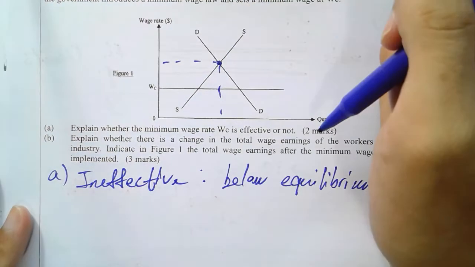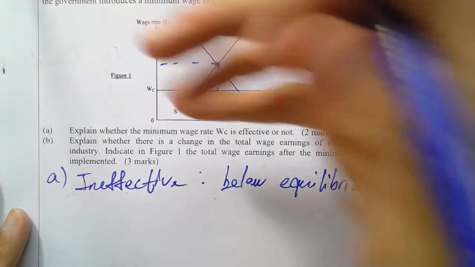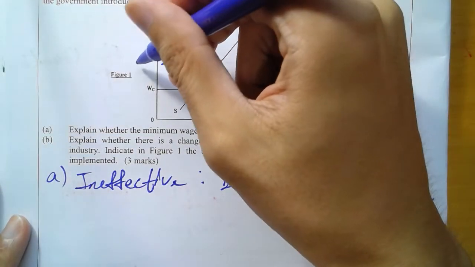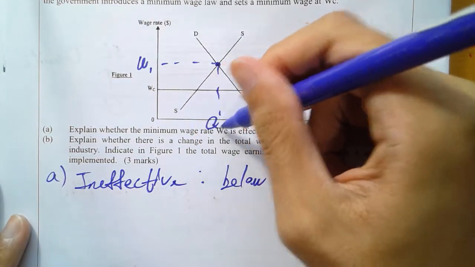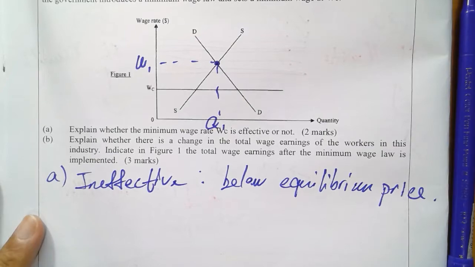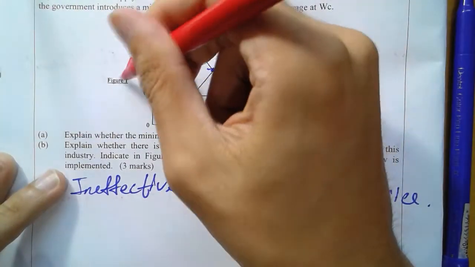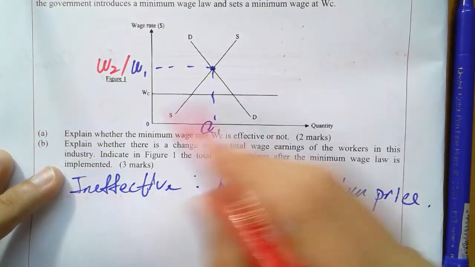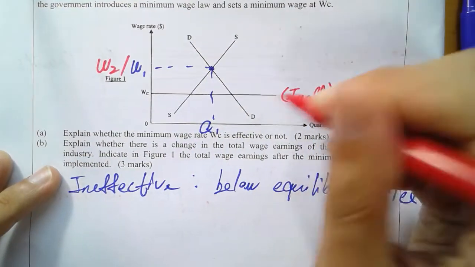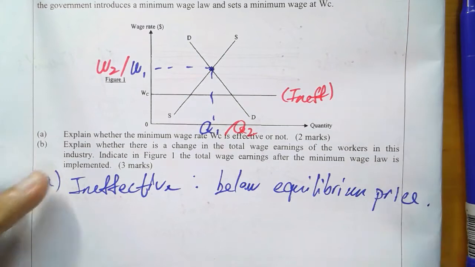Since this is ineffective, no. Let's forget about WC. Without WC, original situation will be here. Wage 1, Q1. Now with WC, where would be the new price and new quantity? Actually, remains the same because this is ineffective. We just say this is ineffective, right? 係咪啊? Therefore, Q2 will be here.